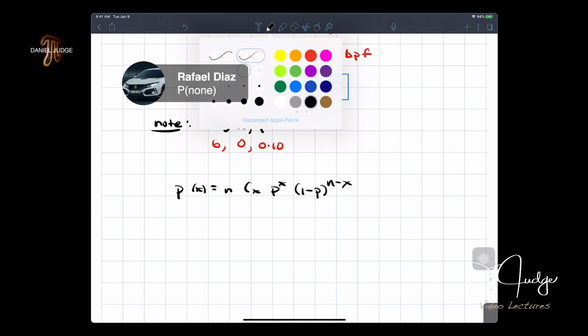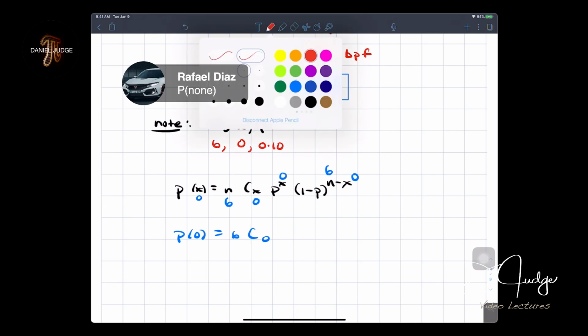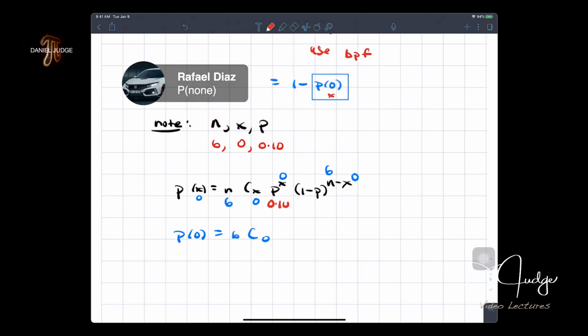As we saw last week, we just have to plug everything in, right? Here's a 6. Here's a 6. X is 0. Here's a 0. Here's a 0. So P of 0 is 6C0. And don't forget the value of little p. What's little p again? Let me put it in red. That's 0.10.